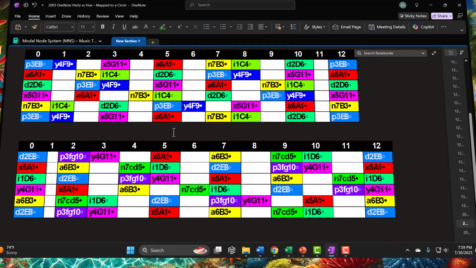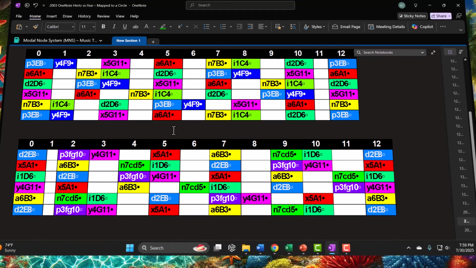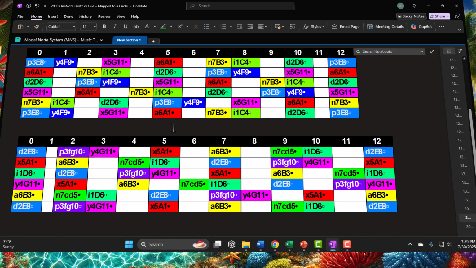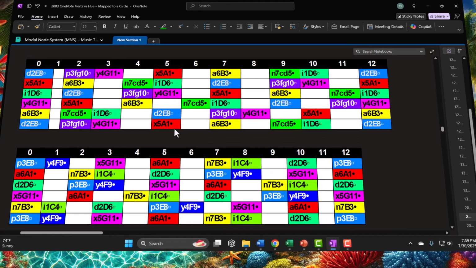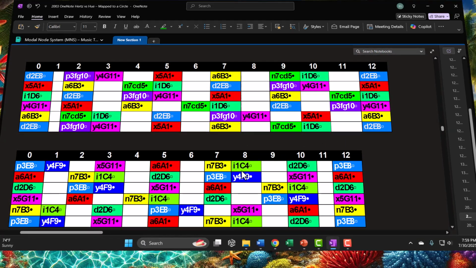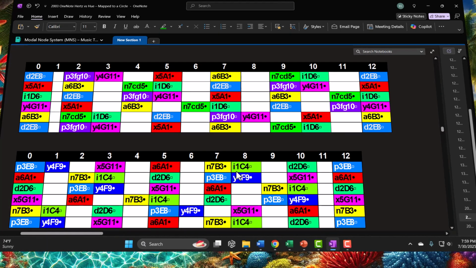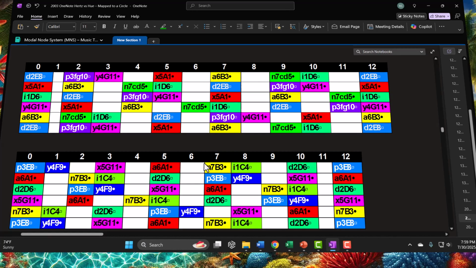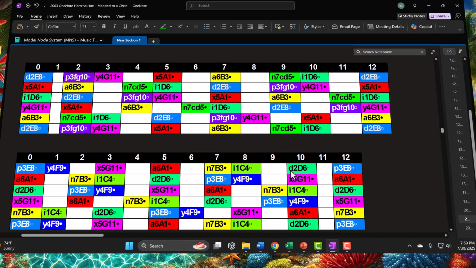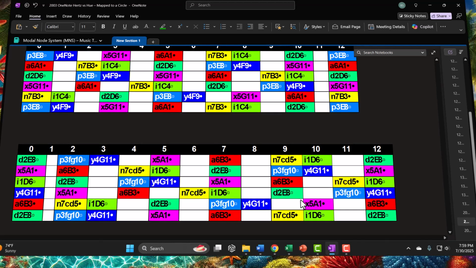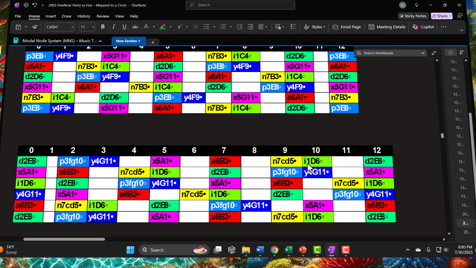But oftentimes we're going to want to follow the pattern as we go through the 12 collections of 7 notes. So for that, we would want to instead, here's the same color system we started with, but instead of tying the color to the note, we're going to tie it to the mode, the Ionian mode. So here's our position 1. And if I then move it up to the collection of notes around the D, the whole thing moves up. So now the whole thing moved up here, and we have the same color system.